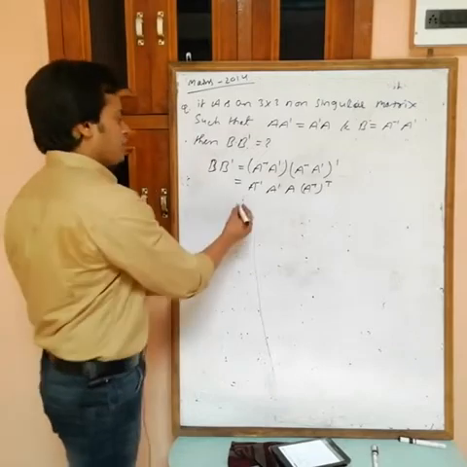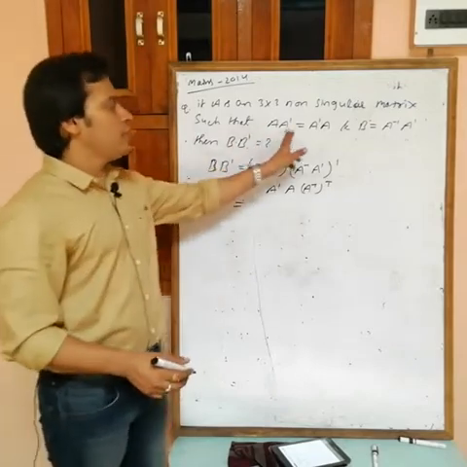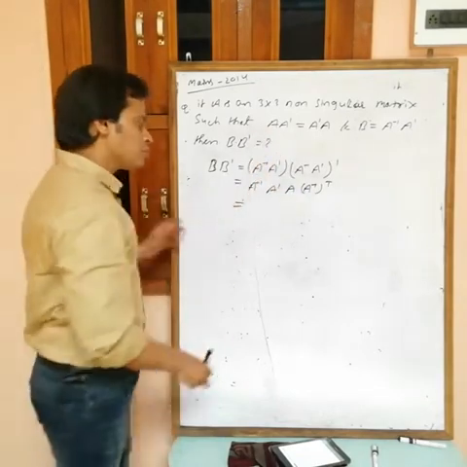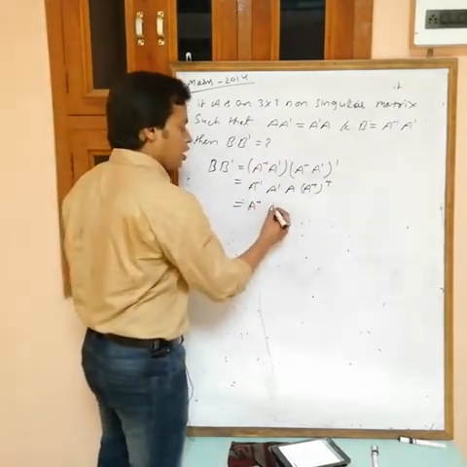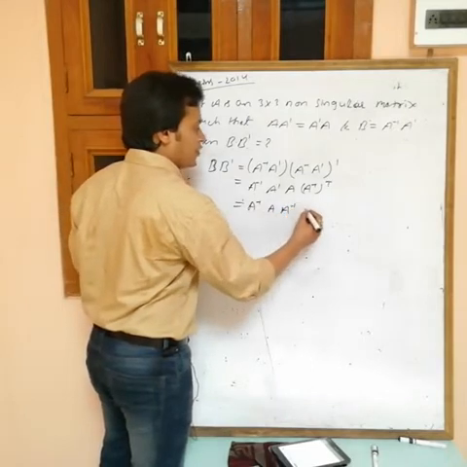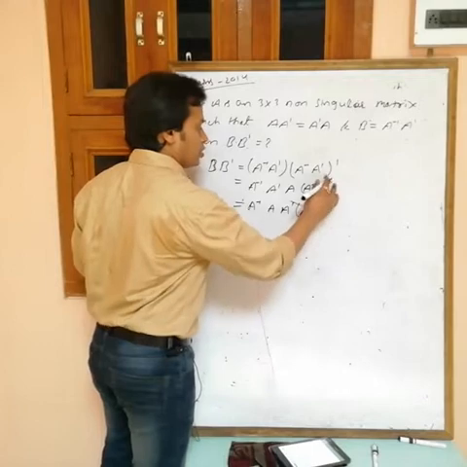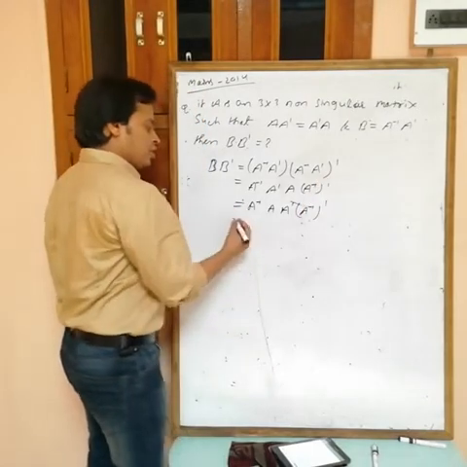Now to find the value of this one, it is given that A into A dash equals A dash A. So A dash A can be written as A into A dash, just put the value: A inverse into A into A dash and A inverse dash. Okay na, transpose or dash, same thing.